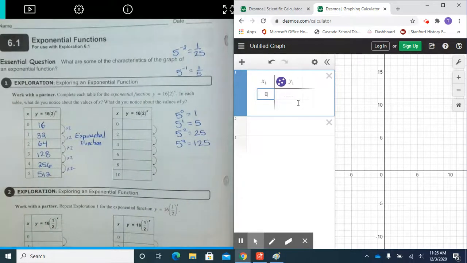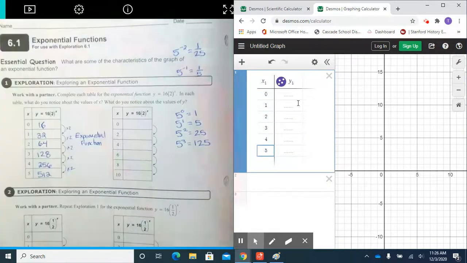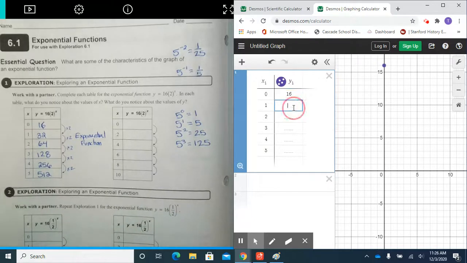So I have 0, 1, 2, 3, 4, 5. And for 0, I have 16. 1, I have 32. 64. 128. 256. And 512.